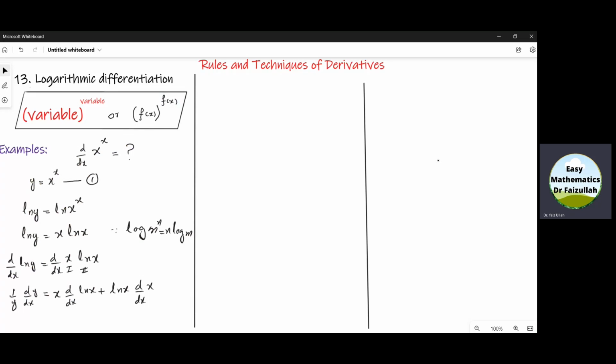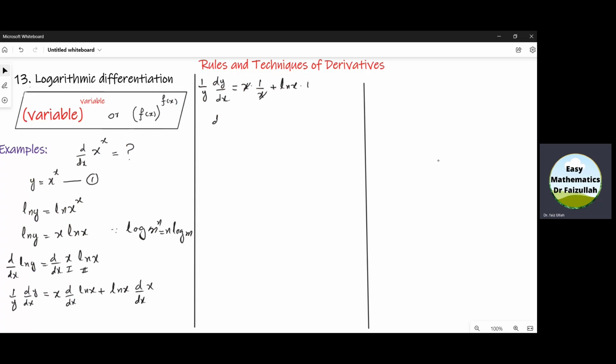And from this now we can obtain 1 over y dy over dx, which is equal to x, and differentiation of log x with respect to x is 1 over x. Then plus ln x, differentiation of x with respect to x is 1. This x will cancel with this one.